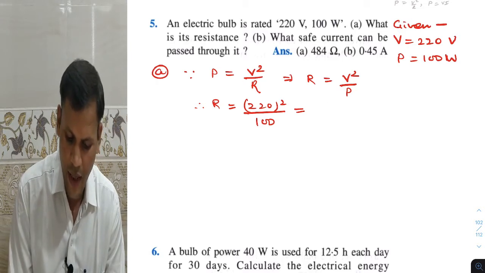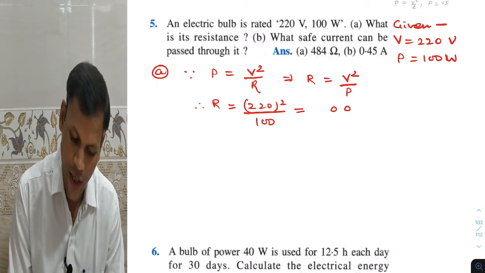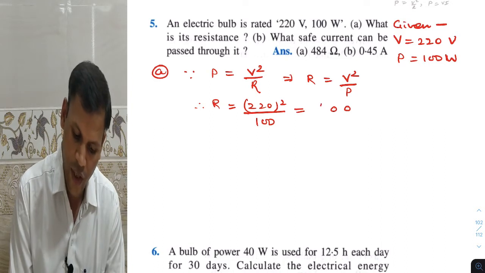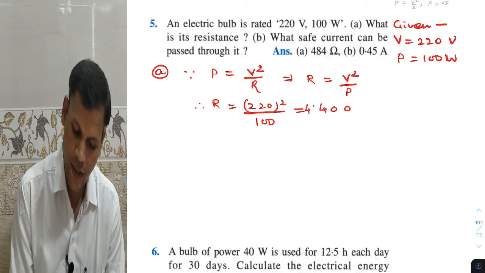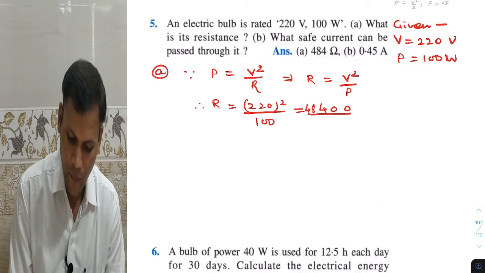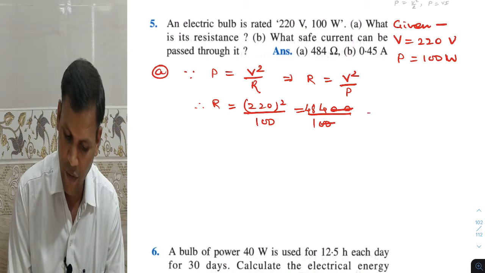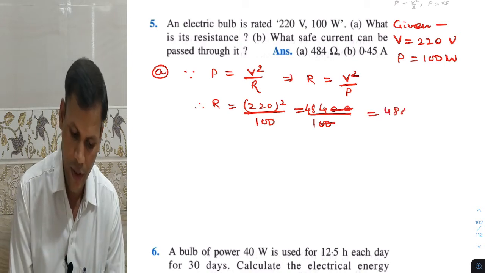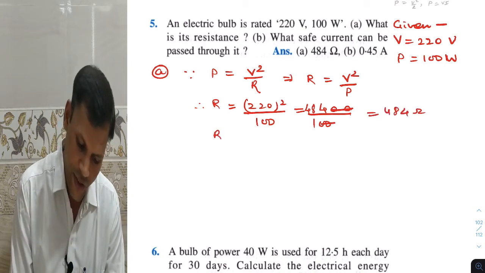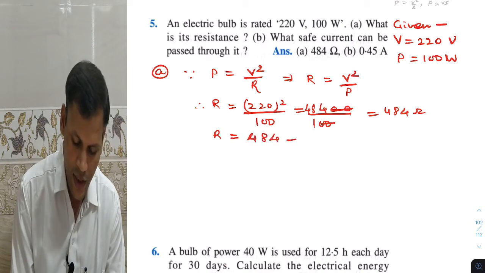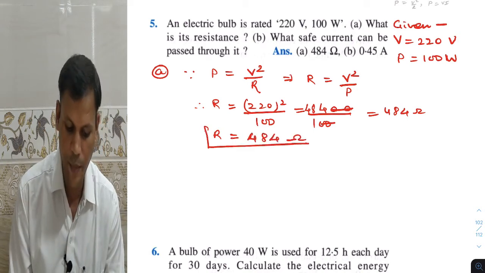Okay, square we are doing, 2 twos are 44 and 2 twos are 44, plus 4, 484, upon 100. So these two zeros get cancelled, so you are getting 484 ohm. So R we are getting 484 ohm. This is the answer of the first part.